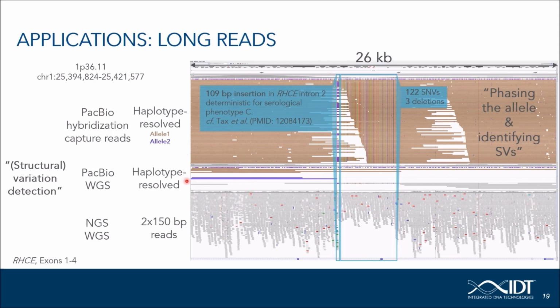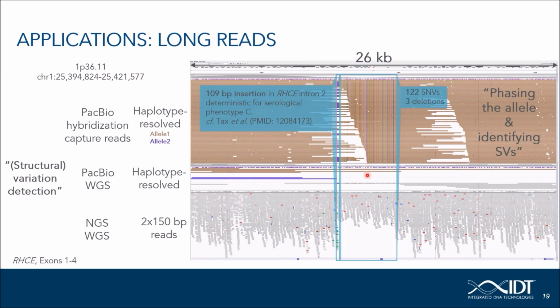The middle track represents a PacBio whole genome sequencing approach, while the bottom track depicts Illumina short-read next-generation sequencing data. In the marked area, the short-read sequencing dataset misses some important information: 122 SNVs and 3 smaller deletions, as well as one very important 109 base pair insertion that is actually deterministic for a serological phenotype.